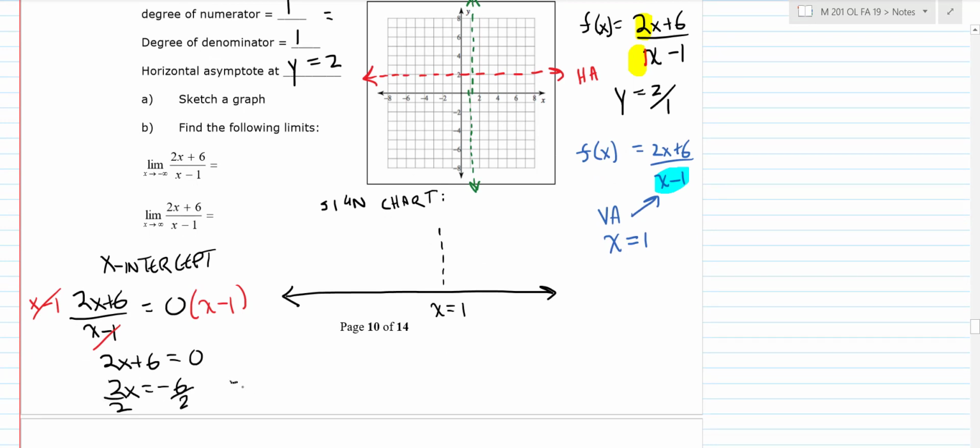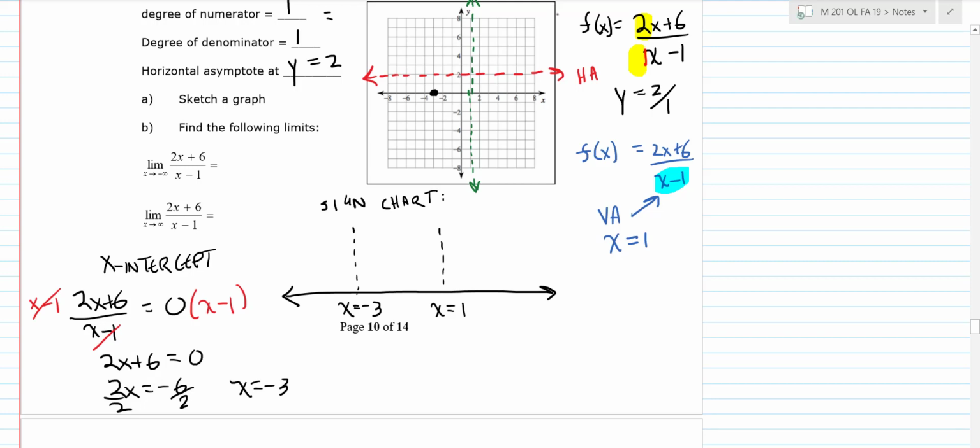Divide by 2, and you get x equals negative 3. So x-intercepts are always found by setting the function equal to 0, right? So we also want to look at x equals negative 3. Since we know what the x-intercept is, go ahead and put a dot right there.